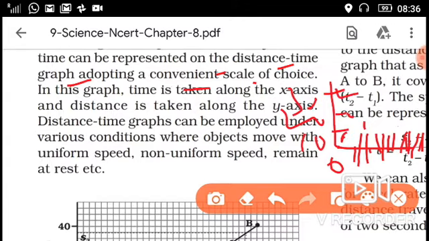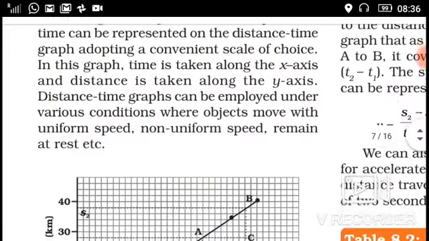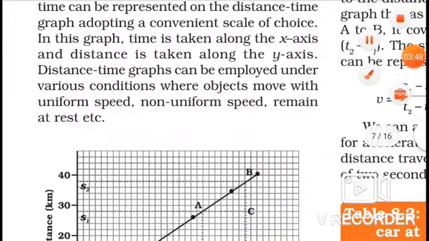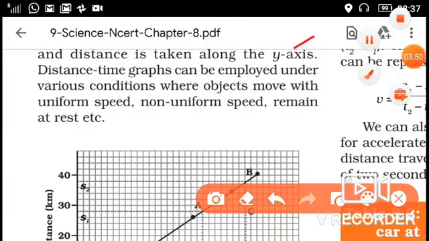According to our convenience we can choose the scale. In this graph, time is taken on the x-axis and distance is taken on the y-axis. The reason is that distance is a dependent quantity and time is an independent quantity.